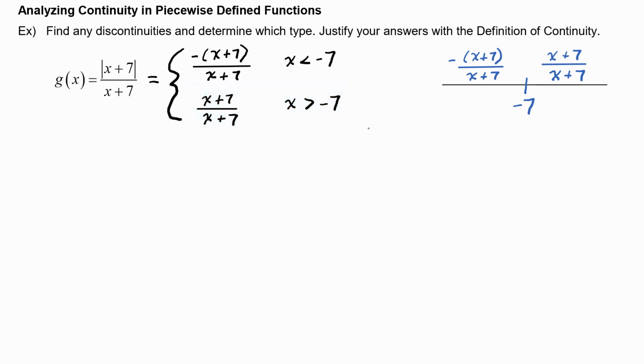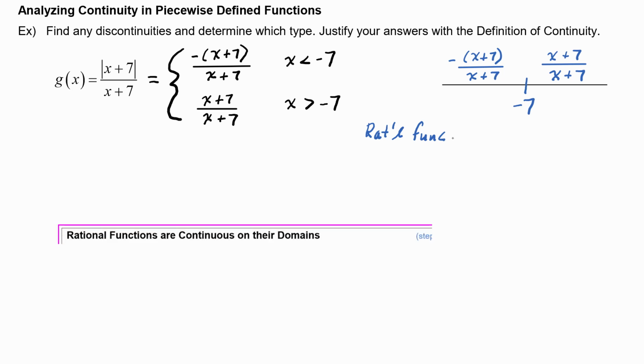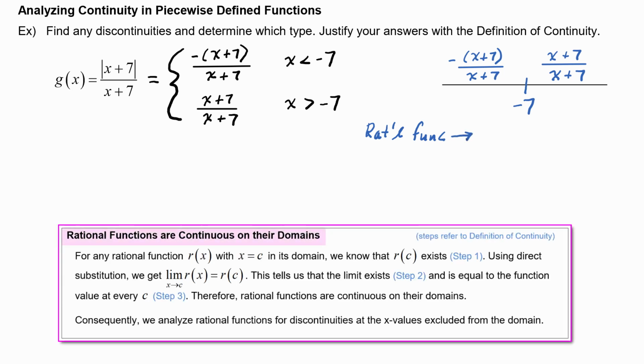Because g is a rational function, we know that it's going to be continuous on its domain. So g is going to be continuous from negative infinity to negative 7, union negative 7 to infinity.